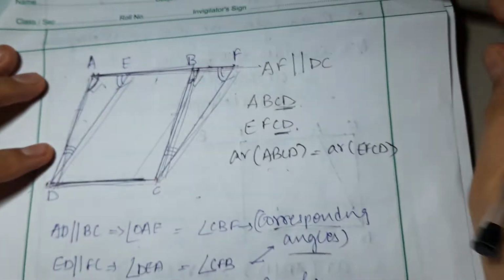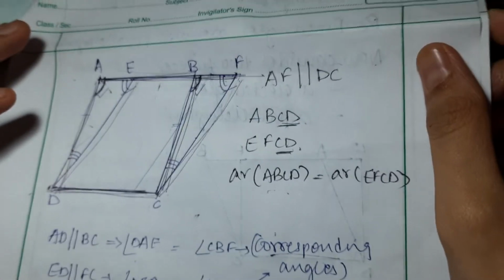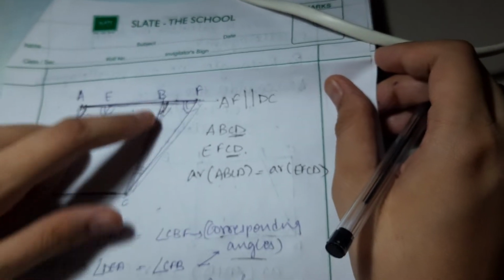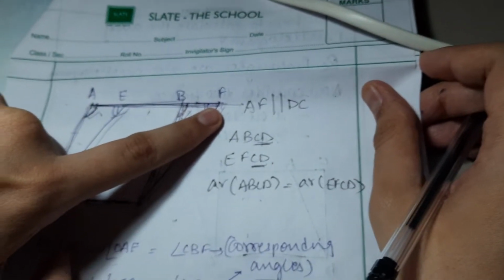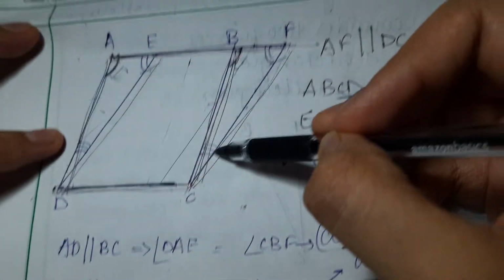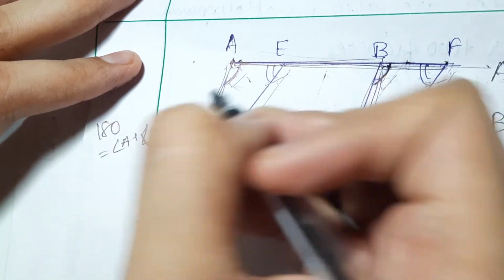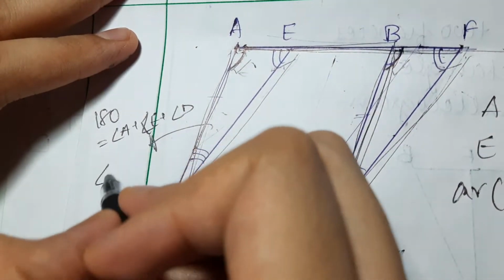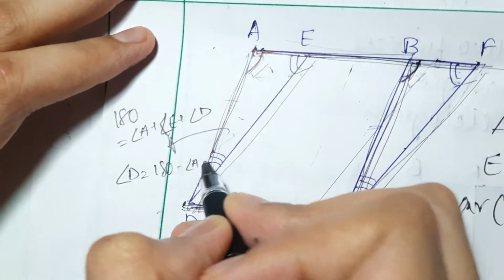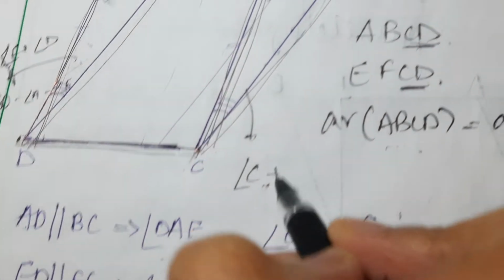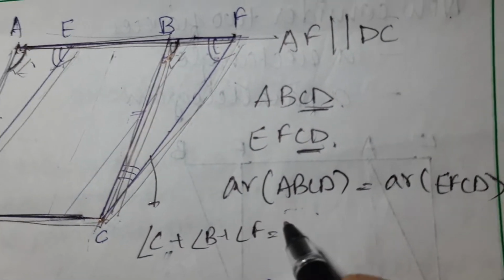And what is the sum of angles in a triangle? It is 180 degrees, right? So if sum of all angles here is 180 and sum of all angles in this is also 180, then since these two angles are equal to these two angles, the third angle will be the same. In this triangle itself, 180 equals angle A plus angle E plus angle D. That means angle D equals 180 minus angle A minus angle E. And in this triangle here, angle C plus angle B plus angle F equals 180.